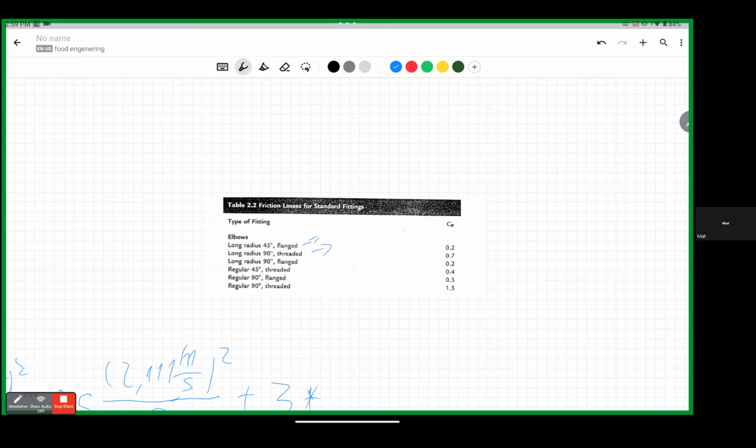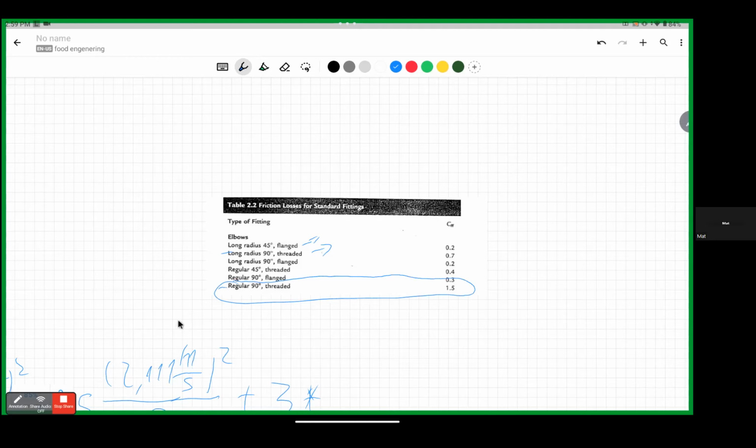Okay, for that the normal use is 90 threaded, and in this case we are using maybe this one and this one. Normally the normal use of piping for food engineering is the last one, regular 90 threaded. Okay, the long one is not so common, but it's just a little bigger than the other ones.